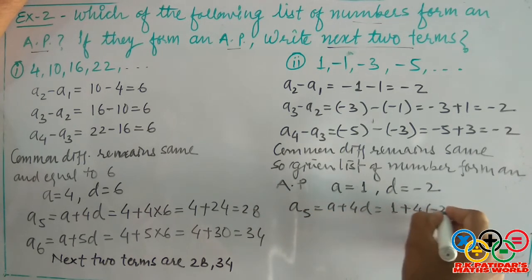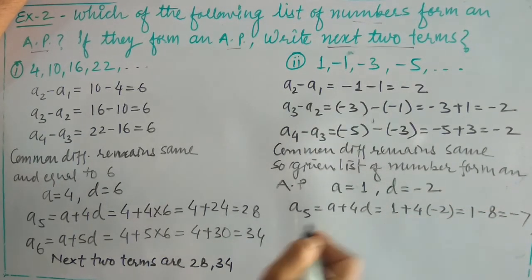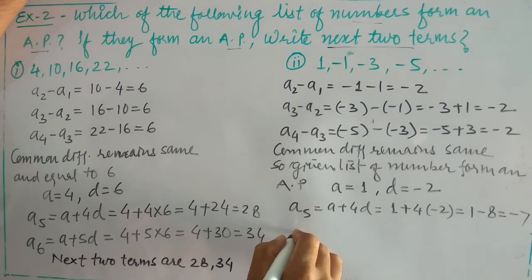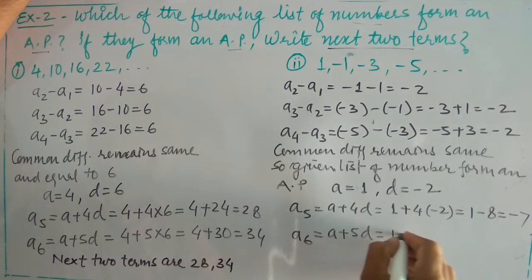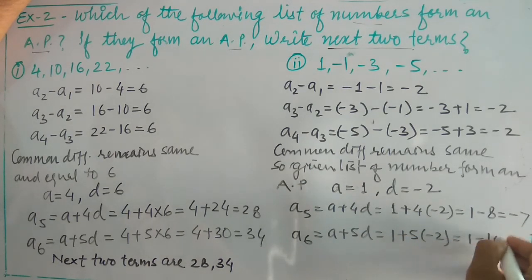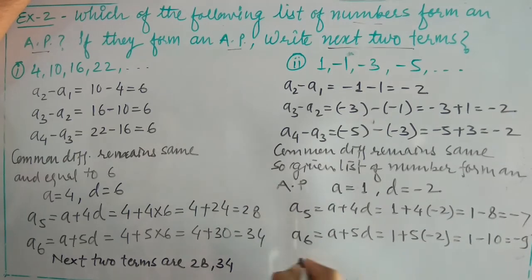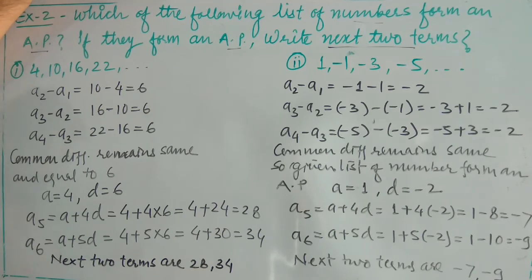A is 1 plus 4 into d, which is minus 2. So 1 minus 8, that is minus 7. And sixth term will be A plus 5d, that is 1 plus 5 into minus 2, that is 1 minus 10, that is minus 9. So next two terms are minus 7 and minus 9.